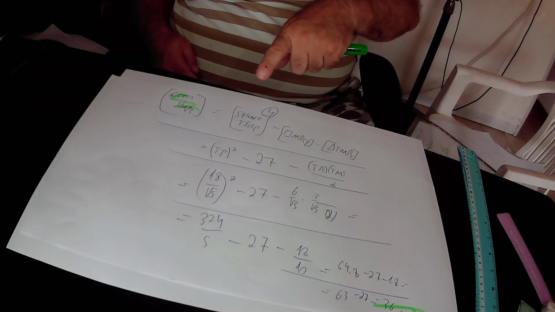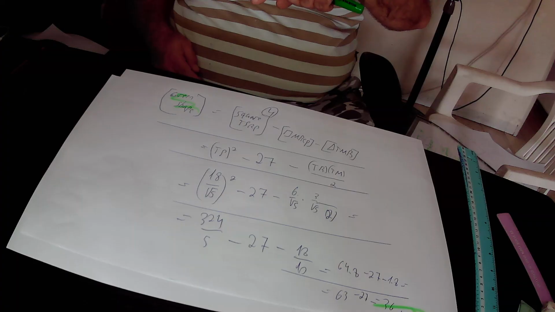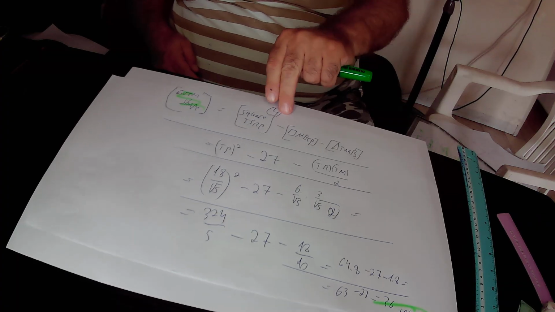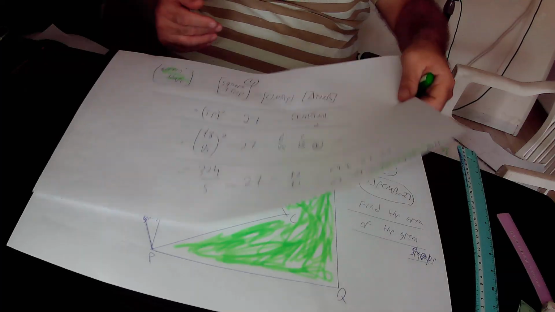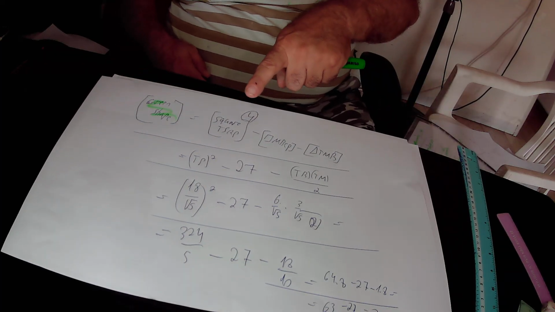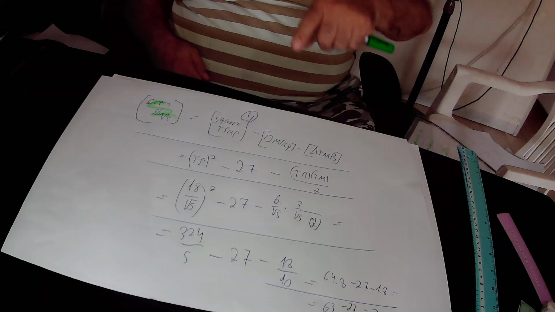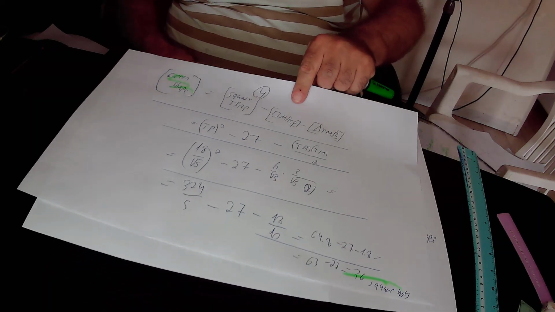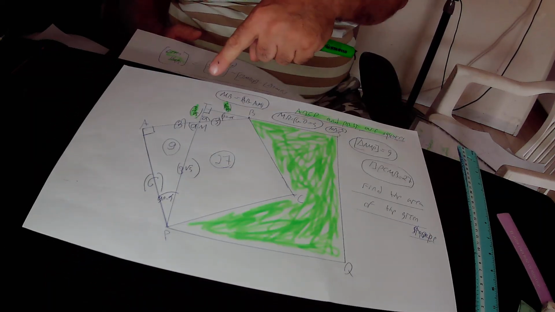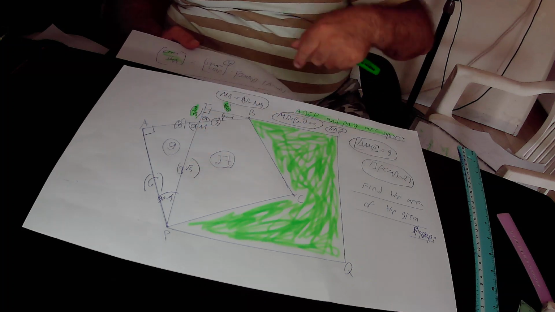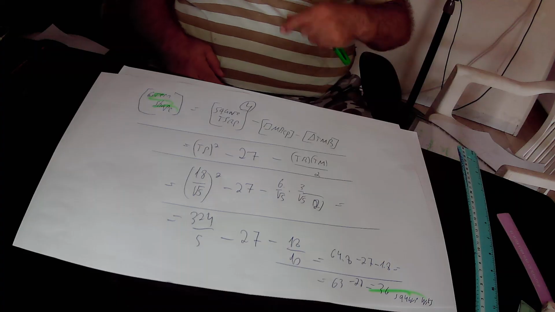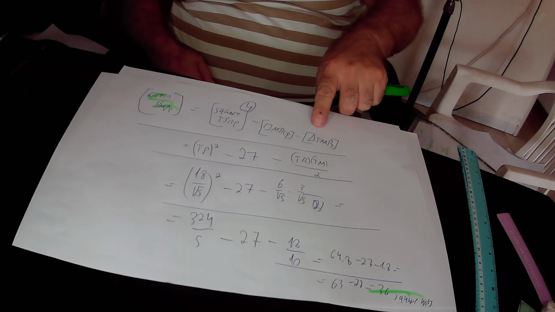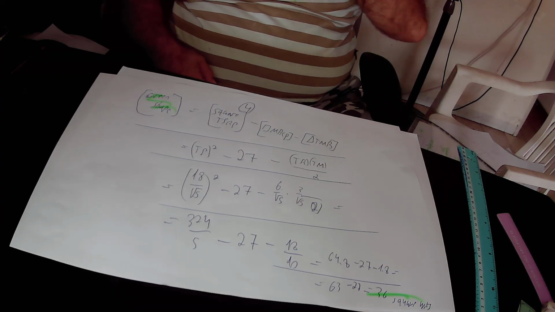The area of the big square equals the side length TP squared, minus the area of quadrilateral MBCP, which is 27 square units according to the question.